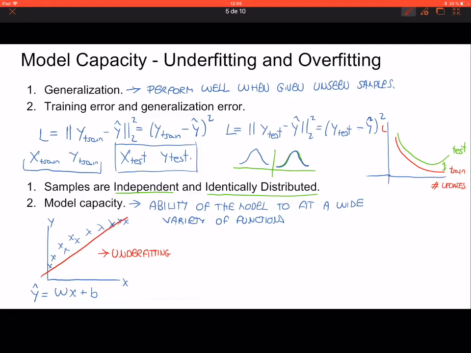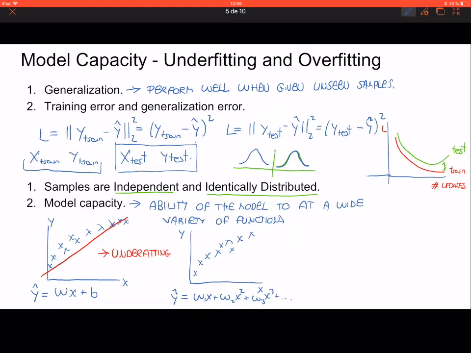On the other hand, if our model has a very high capacity, and we still have the same data cloud, we could have a model like in linear regression again, like this: Wx plus W2 x squared plus W3 times x cubed, and so on.